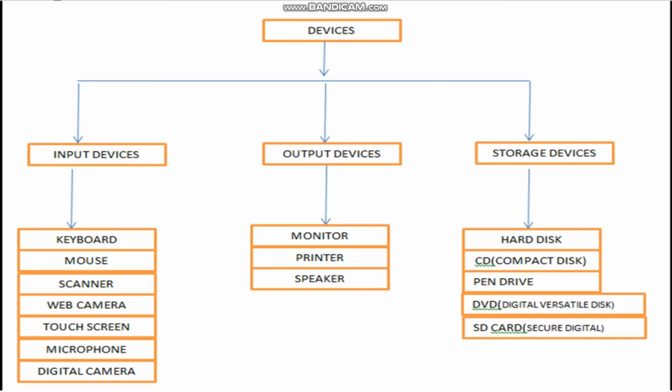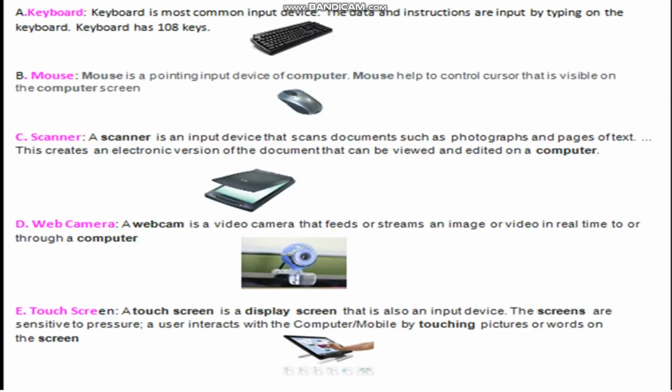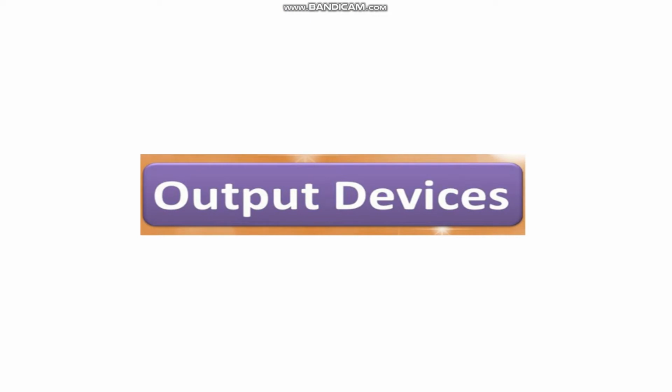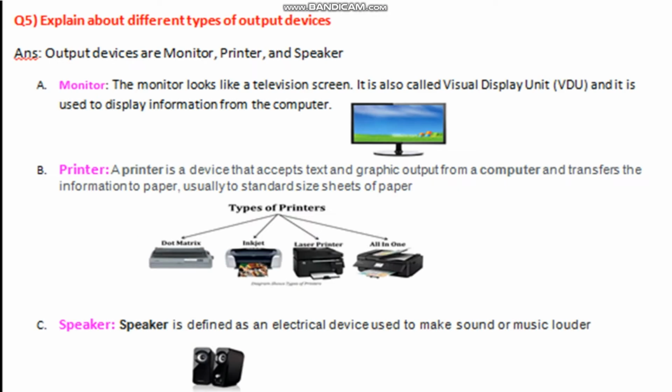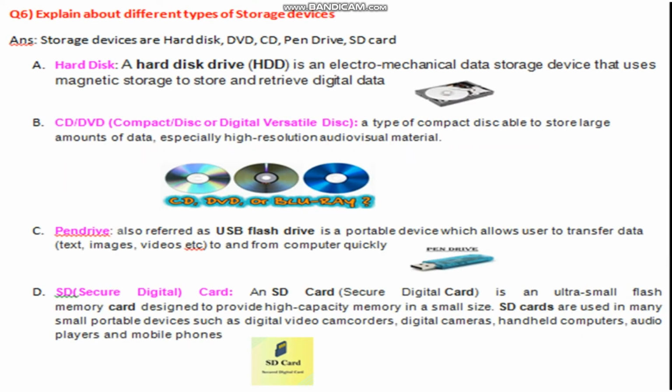Output: monitor, printer, speaker. Storage: hard disk, compact disc, pen drive, DVD, and SD card. The hard disk is a permanent storage device, and CD we are not using nowadays, so we use the pen drive.